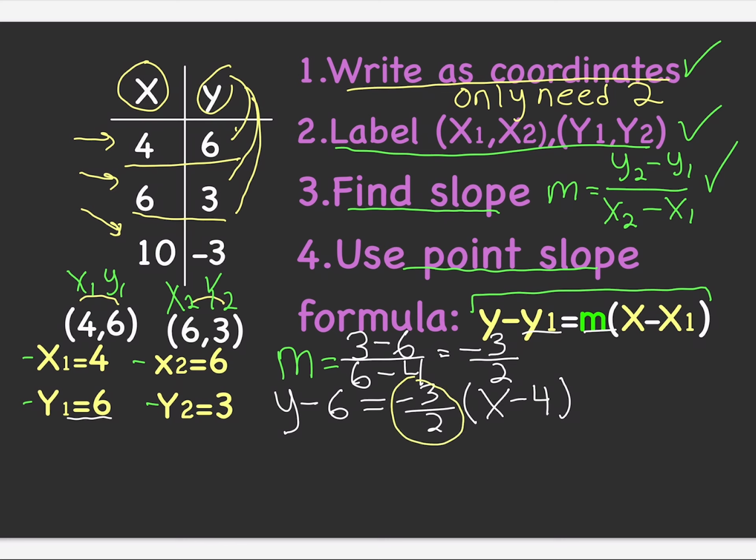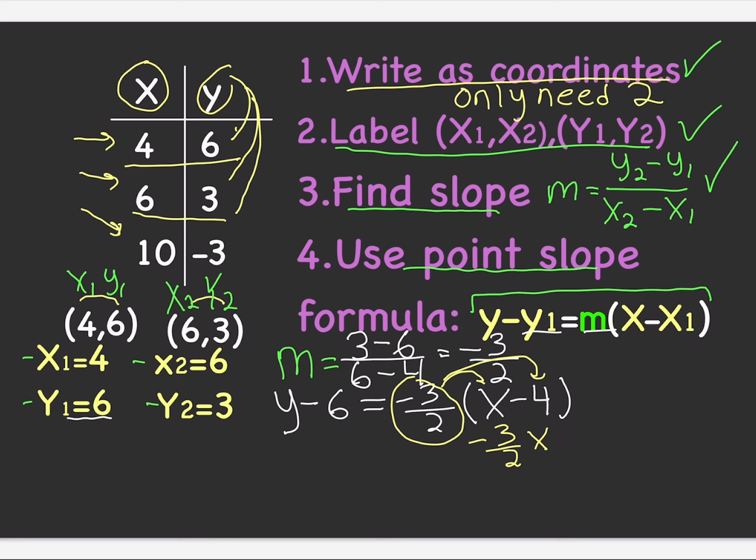Now we have to distribute that negative 3 halves in front of the parentheses. We have to multiply it into both terms in the parentheses. So we have negative 3 halves x. And then after that we have a minus sign: negative 3 halves x minus, and then we multiply the negative 3 halves times the 4.